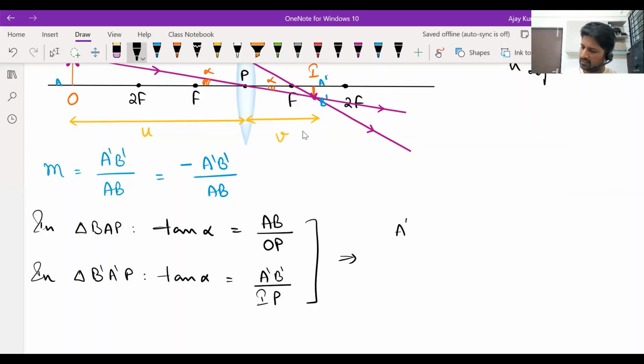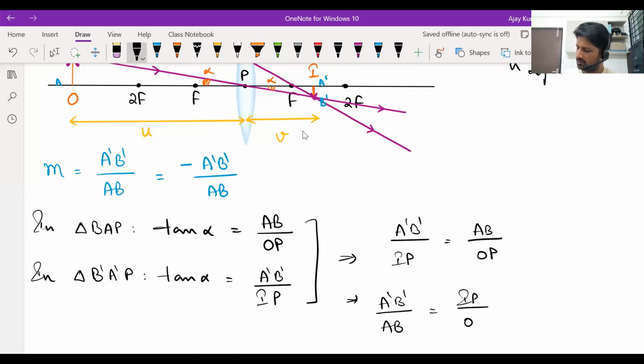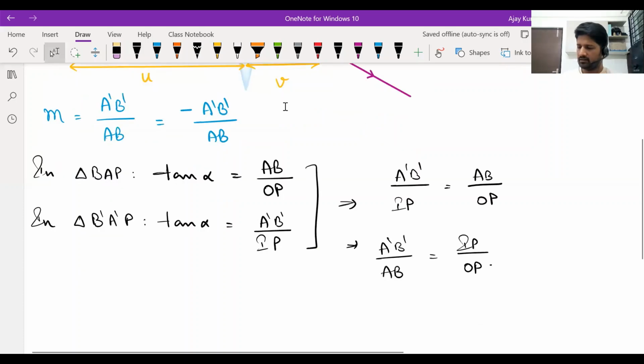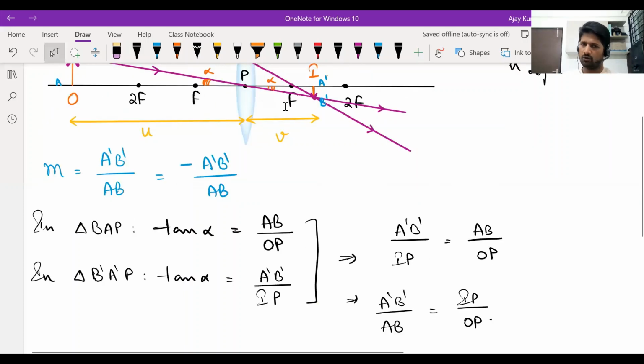This means A dash B dash divided by IP is equal to AB divided by OP. That means A dash B dash divided by AB is nothing but IP divided by OP. Fine. IP is image distance, OP is object distance.